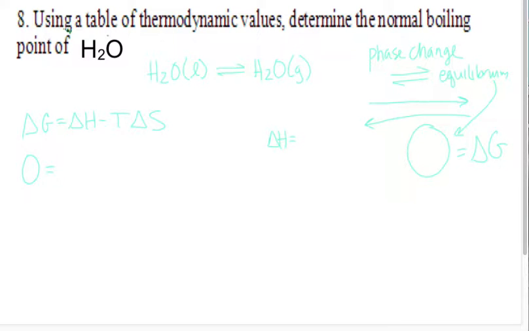So water gas delta H is negative 241.818 minus the liquid negative 285.83 minus a negative. That's like plus.